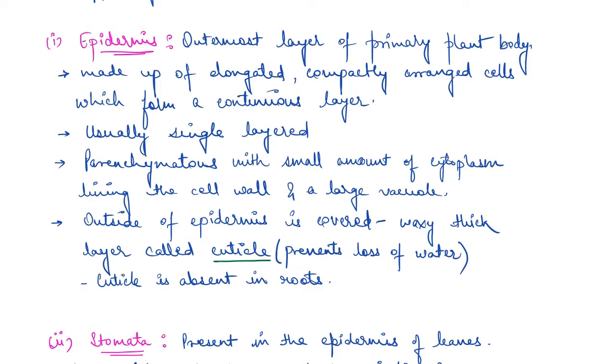Now, one more thing is that epidermis is usually single layered, and it is parenchymatous with a small amount of cytoplasm which lines the cell wall, and they have a large vacuole, right?